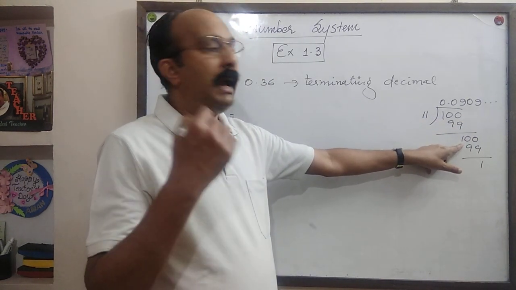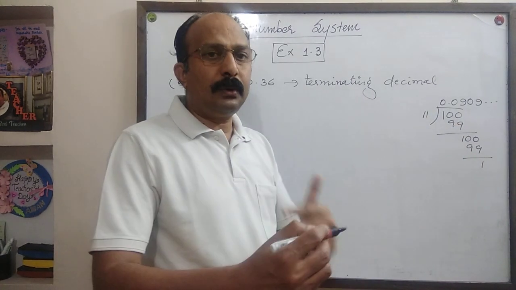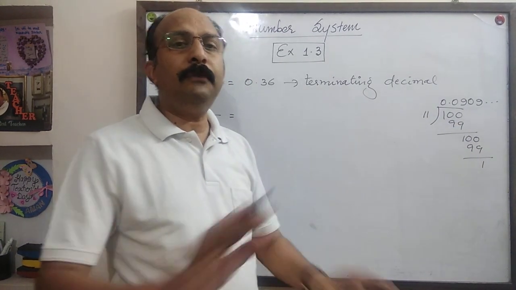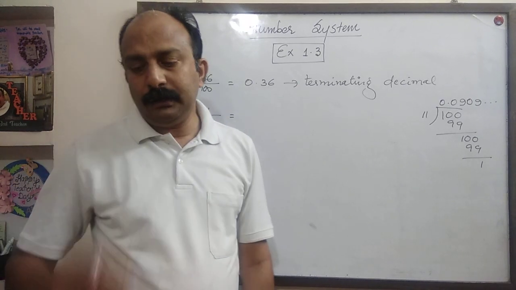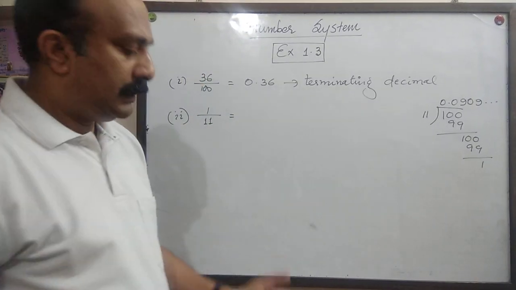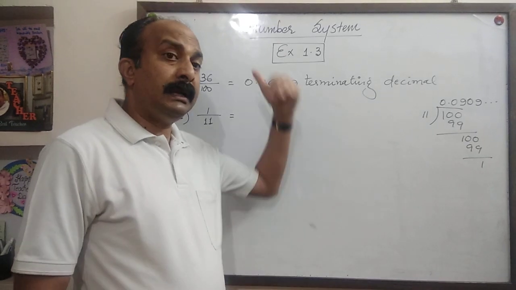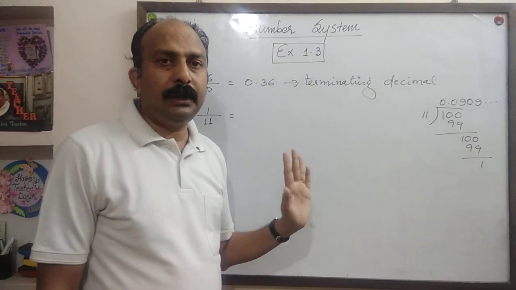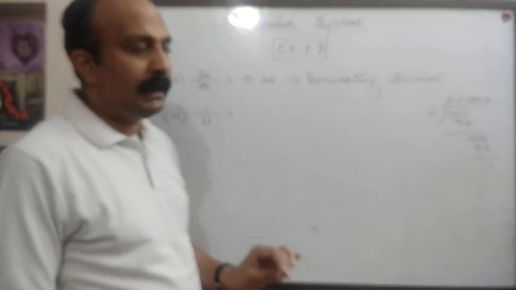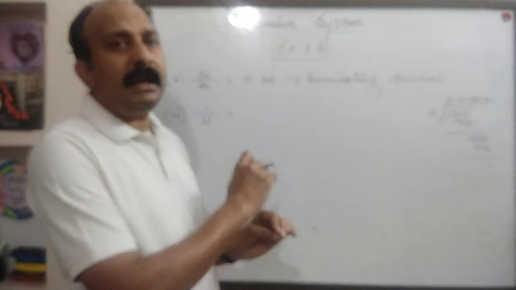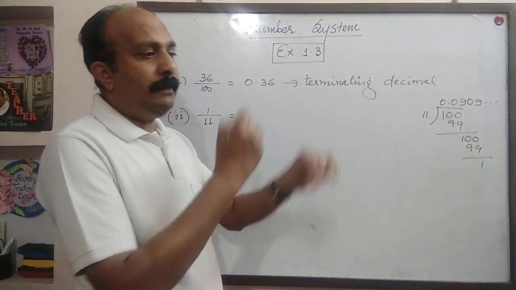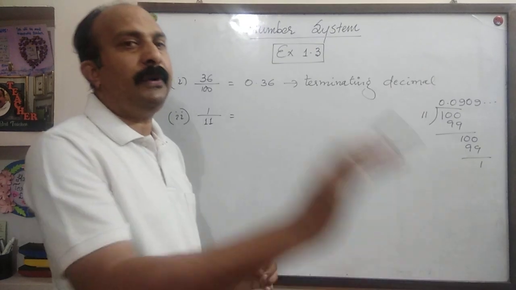So the answer will be 090909 infinitely. Whenever you get a remainder same as in any step above, no need to continue the division. Stop there and see what the answer is before. The same answer will continue infinitely.